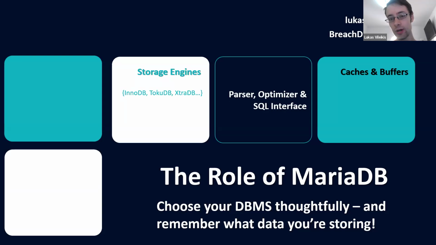The next thing you need to be aware of is you have a parser, optimizer, and SQL interface. Parsers and optimizers are something that your SQL query always goes through when SQL queries are executed. Each of them has its own remit in your database, and each of them can be optimized differently.